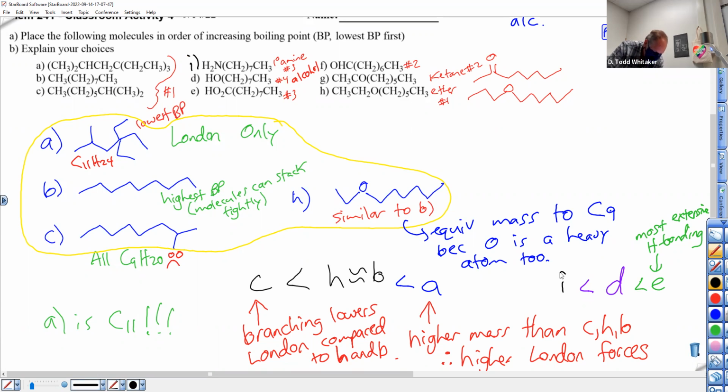I. And just tell me that of these two, alcohol, stronger H bonding than amines. I mean, I could ask for more detail, but that's enough. It's based on electronegativity. You know that, right?